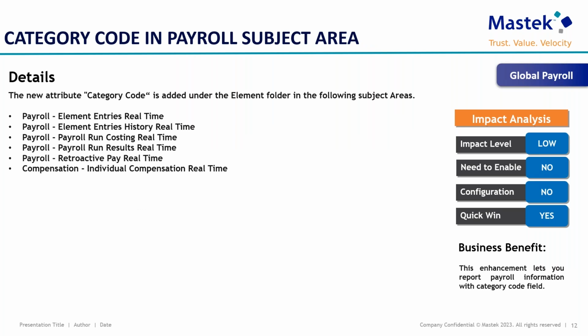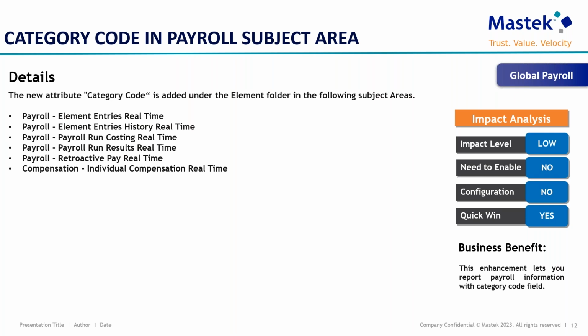Moving forward, this is one of the transactional analysis related enhancements, or I would say in the OTBI payroll related subject area, there is one specific field related data that has been added, and that is category code. So now, as you can see on my screen, the details related to category code will be added under the element folder in the following subject areas.